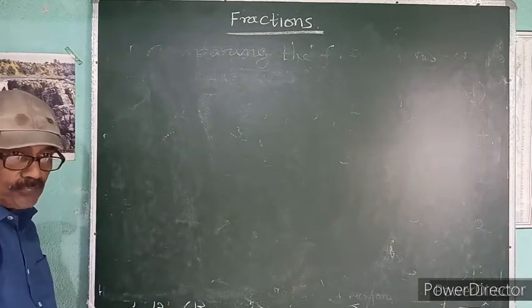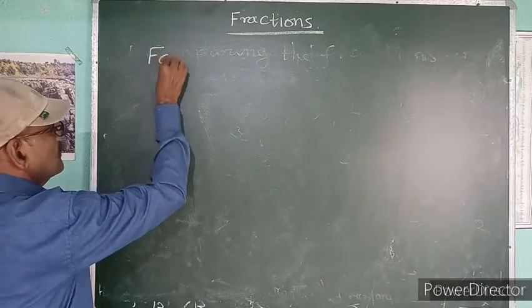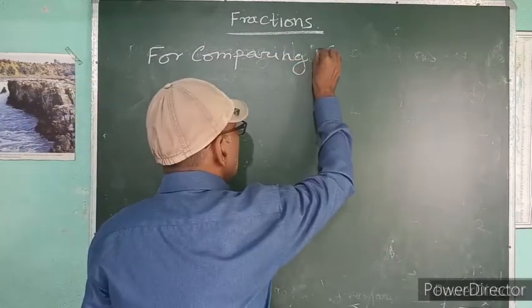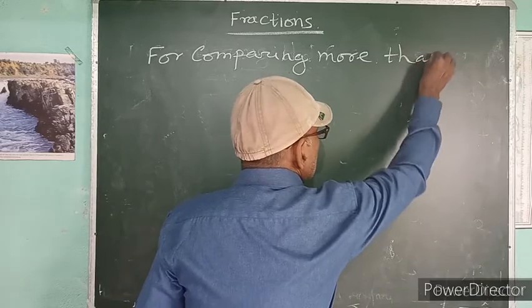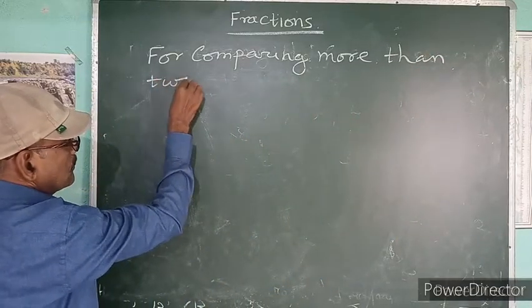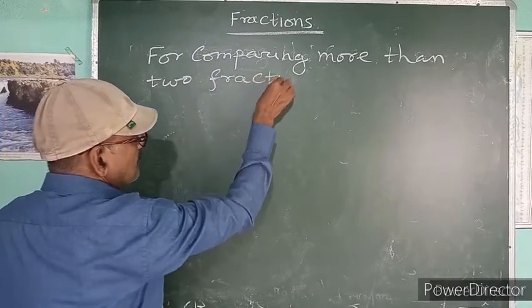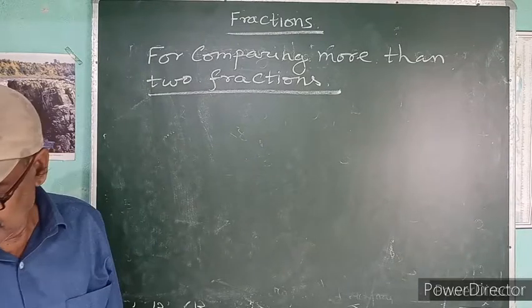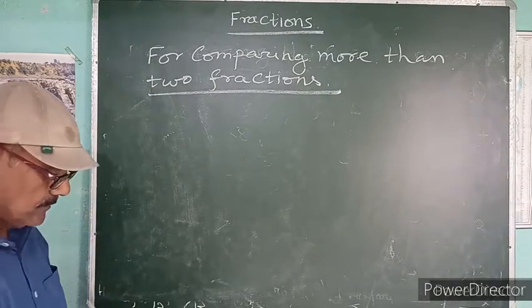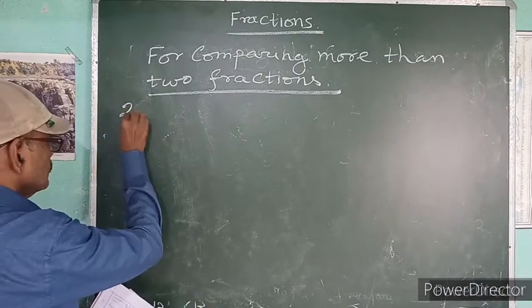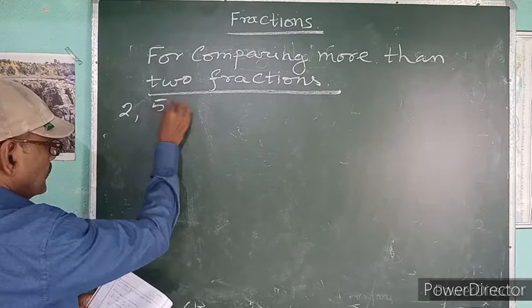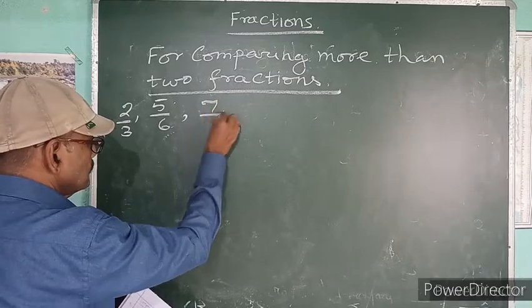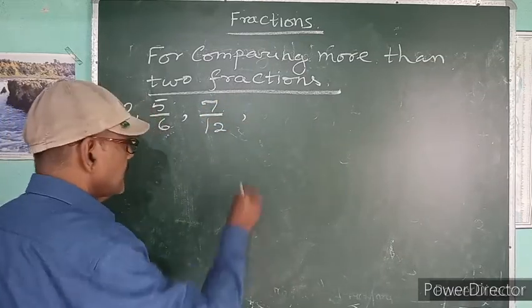For comparing more than two fractions. Example, 2 by 3, 5 by 6, then 7 by 12, 11 by 18.